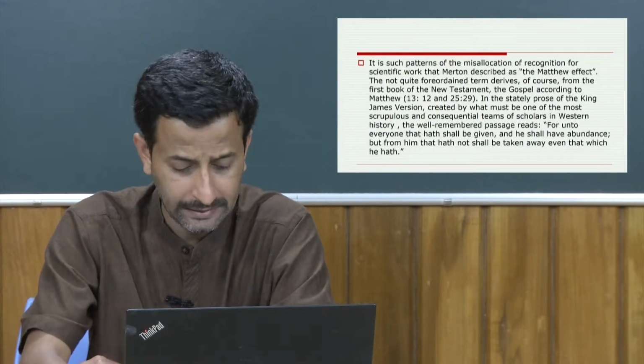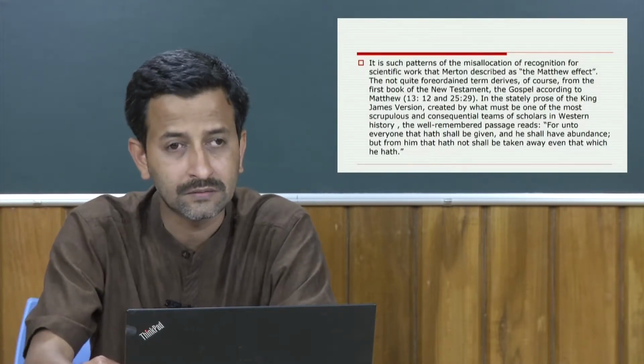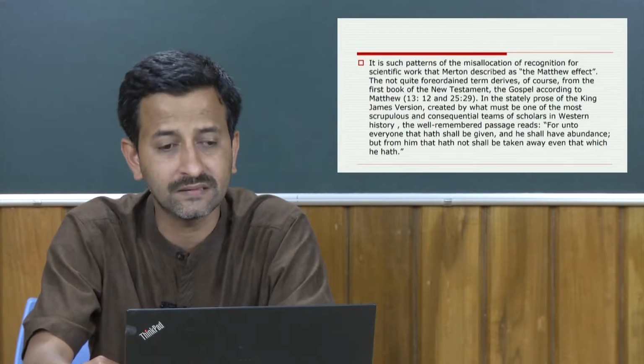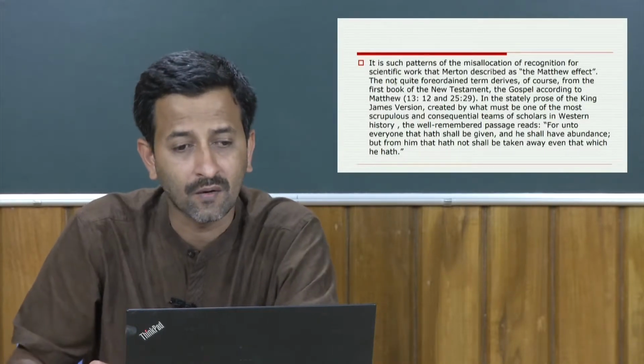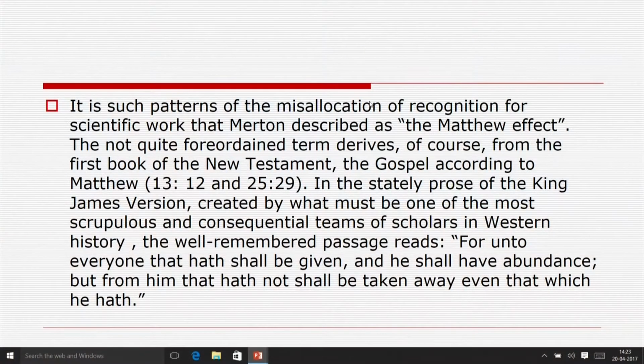It is important to understand such misallocation of recognition, how a very few scientists get all the accolades, even if much of the work has been carried out by junior scientists or PhD students.